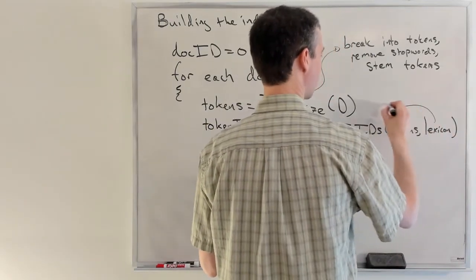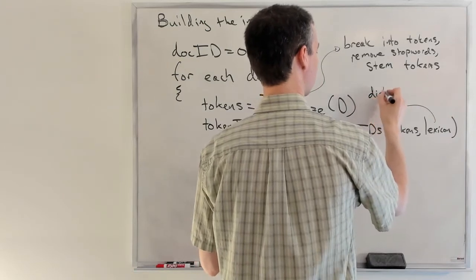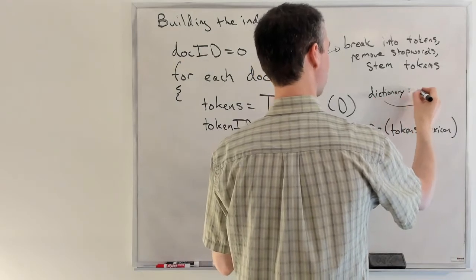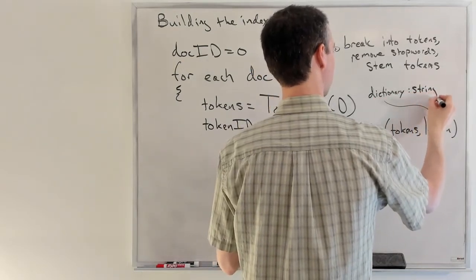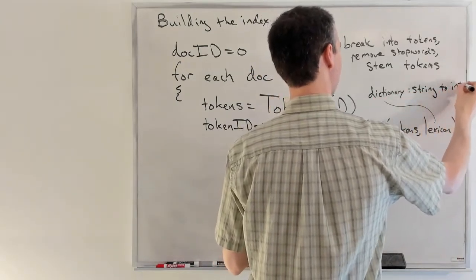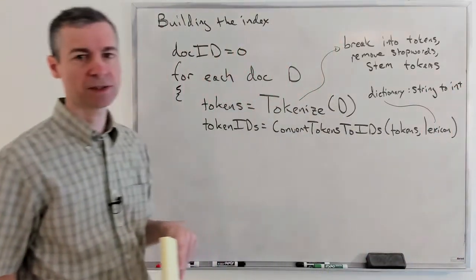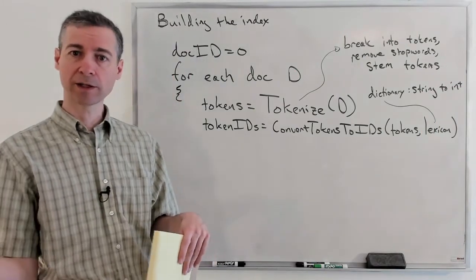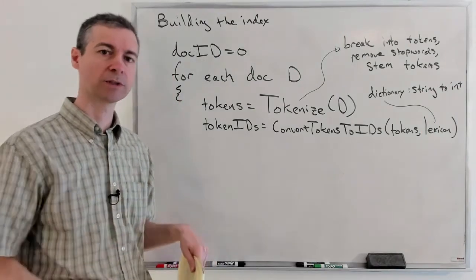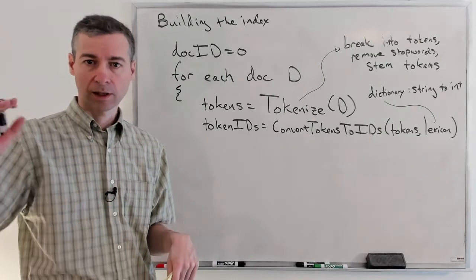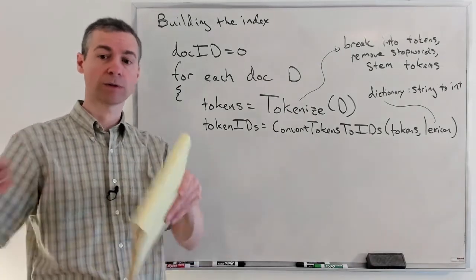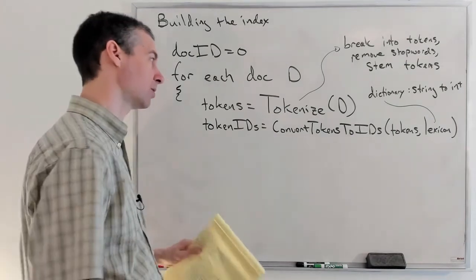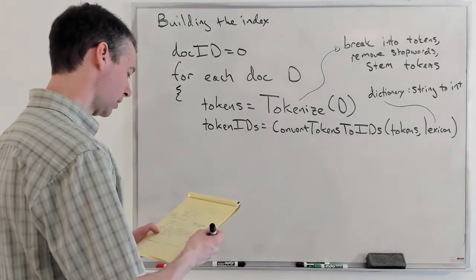Our lexicon is very simply just a dictionary which goes from string to int. It's basically designed so that we go, hey, have we seen this string before? Yes, we have. It's ID number 6. And we return ID number 6 then. Hey, have we seen this string? No, we haven't. Oh, add it to the lexicon with a new ID and return that ID. That's all it does. Okay.